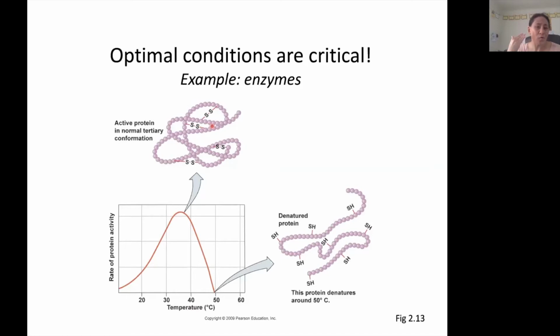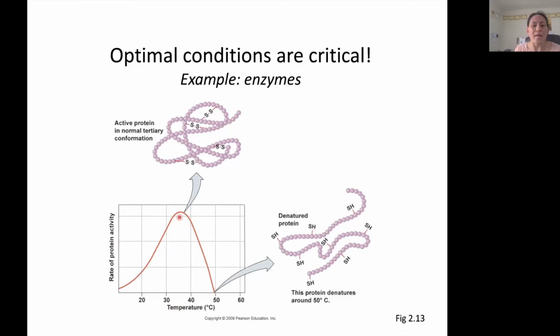Enzymes. Hopefully you remember from general bio that enzymes need certain conditions in order to function properly. In this diagram, we see a graph of protein activity relative to temperature.